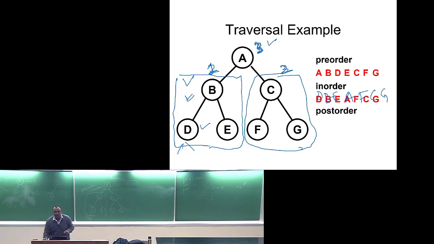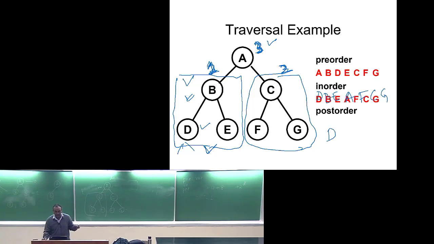See that? Right? Let's recursively do post order traversal of this left subtree marked as 1. Then we will do post order traversal of this subtree marked as 2 followed by A. Good? So let's apply post order traversal to the subtree marked as 1. What is it? Is that difficult?